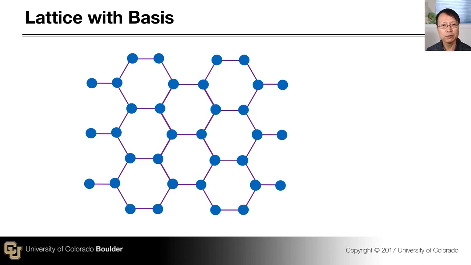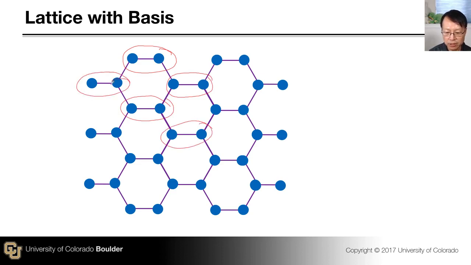So how do you characterize or specify this type of crystal? Well, to do that, you first have to notice that if you consider this pair of atoms as one unit, then you will notice that these pairs of atoms are arranged in a hexagonal Bravais lattice.